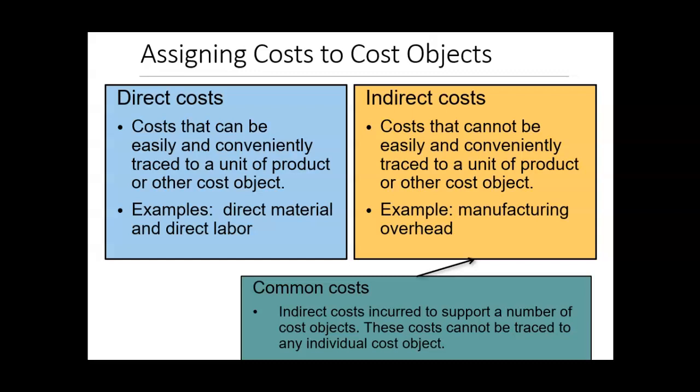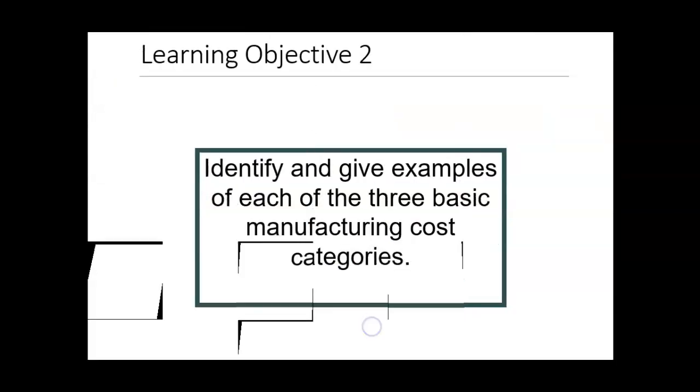And again, indirect costs go into a category known as manufacturing overhead. Okay? So we now look at examples of the three basic manufacturing cost categories: direct material costs, direct labor costs, and the manufacturing overhead costs. So you ready? Let's go.